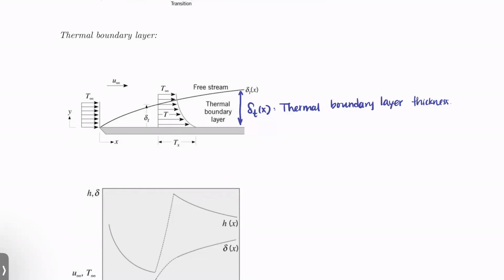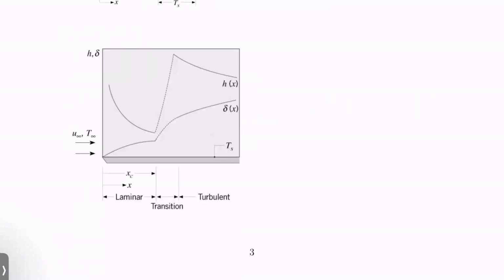I can put the two ideas together into this plot. So here I have my plate at the bottom, and it's a hot plate. So I can draw on here, this is our boundary layer thickness, due to the no slip condition.